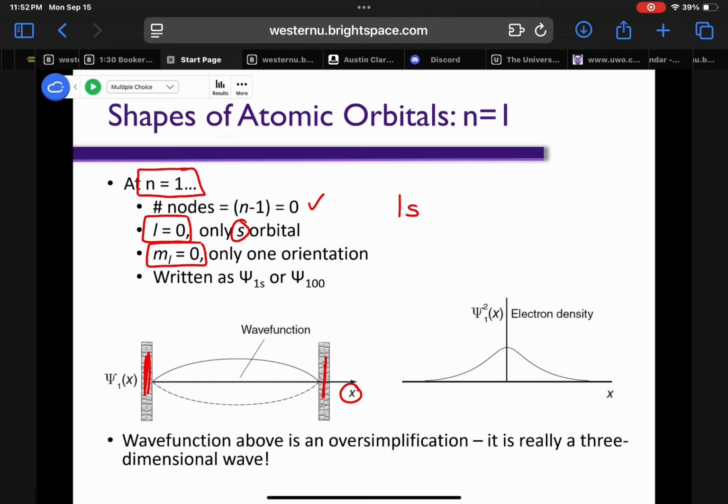So if we're just looking along the x-axis, it's nice and simple, no nodes. That could be our psi wave function. We could then square that wave function, whether it's positive or negative, everything becomes positive, and we could plot out that electron density, and that gives us information about the probability of where to find that electron.